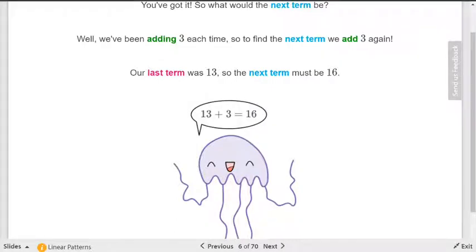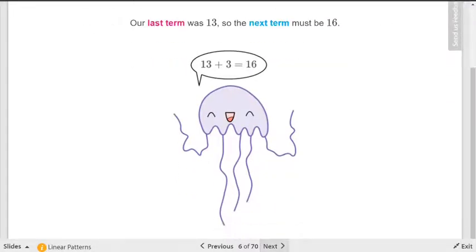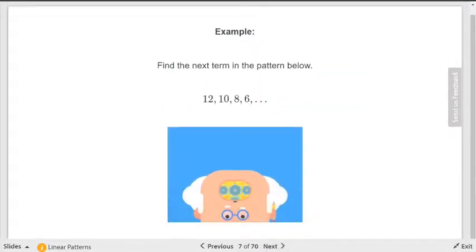But what we're working on in this section are just linear patterns, and that means they increase by the same amount. If you drew these on a graph, you would get a straight line, or they would fall in a straight line. Okay, and that's where they came up with the name linear, right? So, you need to be able to recognize patterns.